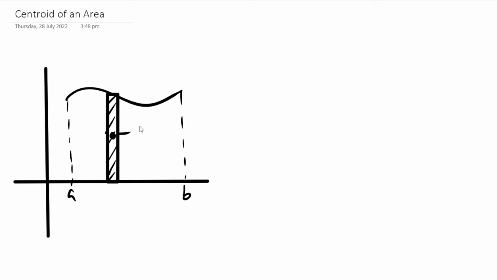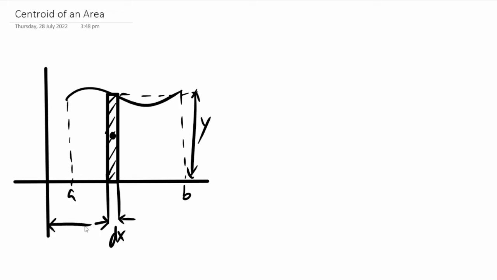You can see here, from the strip to the x-axis, we have our y, and then the width of the strip is our dx, and from the strip to the y-axis is our x.